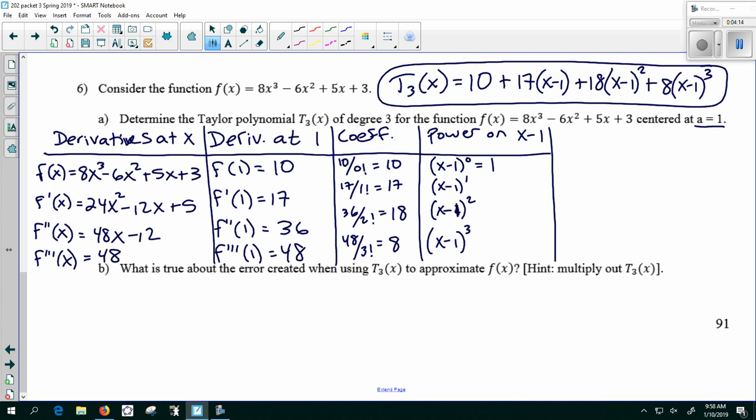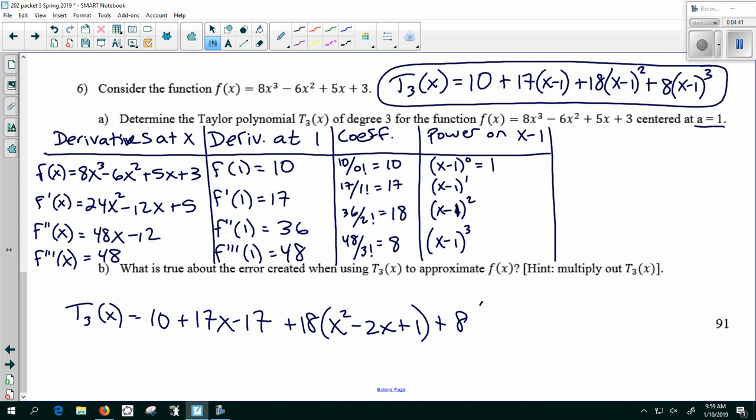So let's look at the error for T3 to approximate f. And the hint says to multiply out T3. So let's see, if I multiply everything in T3 out, I have 10 plus 17x minus 17 plus 18 times x squared minus 2x plus 1 plus 8 times x minus 1 cubed.